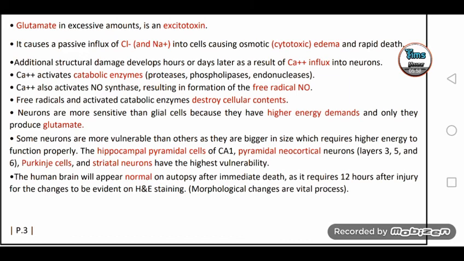So after the injury, if there is no blood supply, if the patient is not alive, they will not happen. So the brain will appear normal, okay. So we need almost 12 hours after injury for these changes to be evident and can be viewed clearly in the microscopic picture.